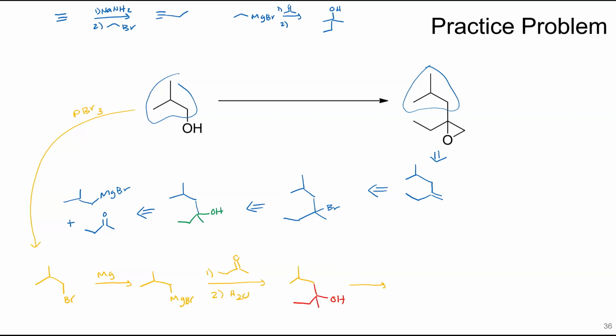Then I want to do an elimination with the least substituted. So I'm going to make it a good leaving group first. So I'll just do PBr3 again. So I can do zinc chloride followed by t-butoxide. That gives me the double bond. And then I can use MCPBA. And that is how you would do that problem.